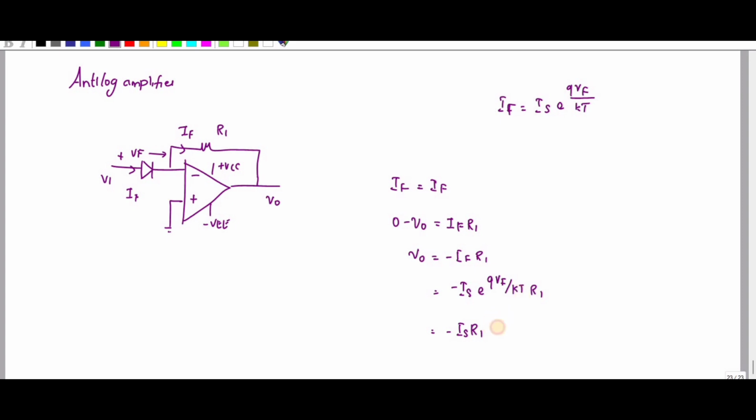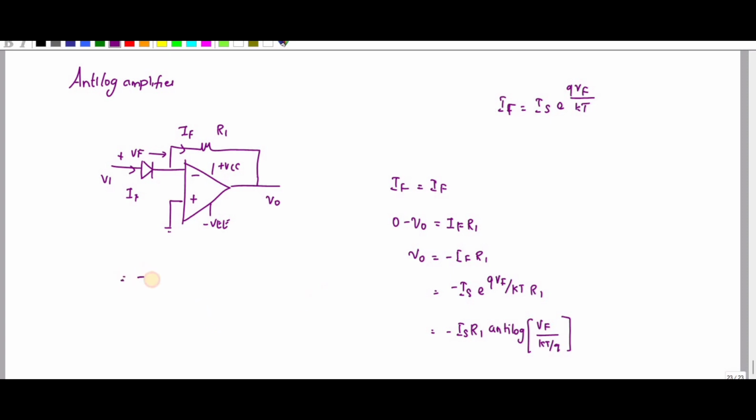I can write it as anti-log of VF by KT by Q, right?